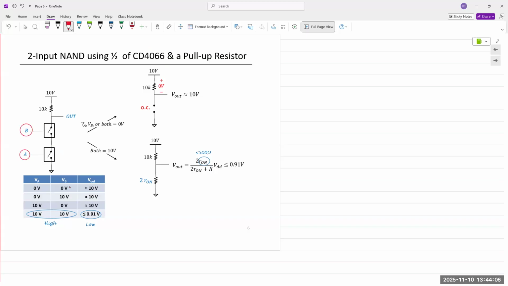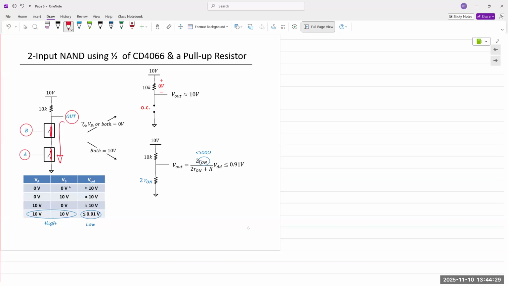And then you have a pull-up resistor, 10K, where the output is always connected to the 10-volt high line. So the only time the output would be connected to ground is when both switches are on, right?